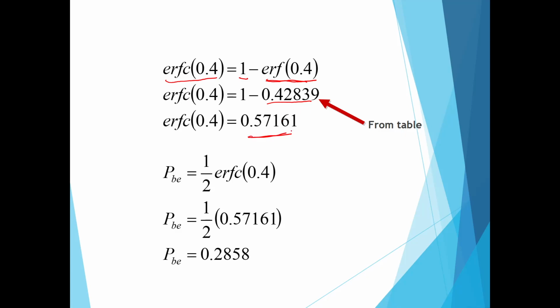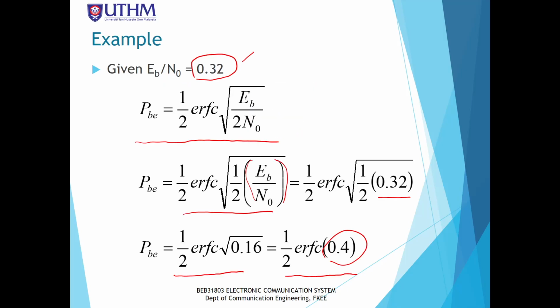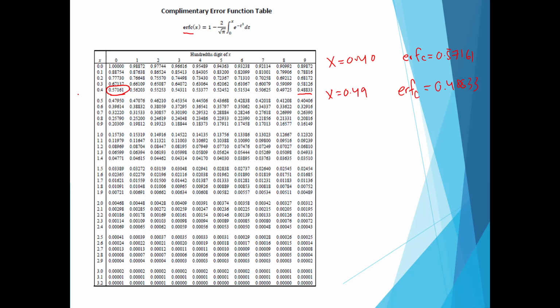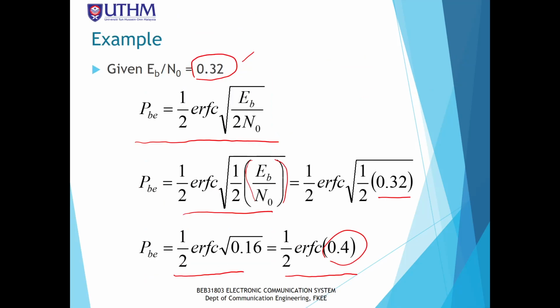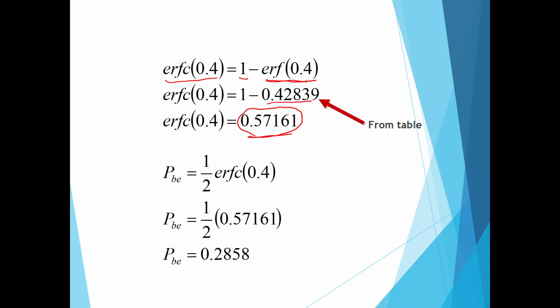You can also get this from the second table, the complementary error function table, directly. So of course using the second table is more convenient. We can straight away get the answer.